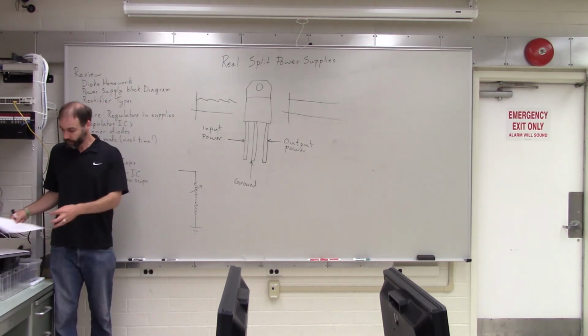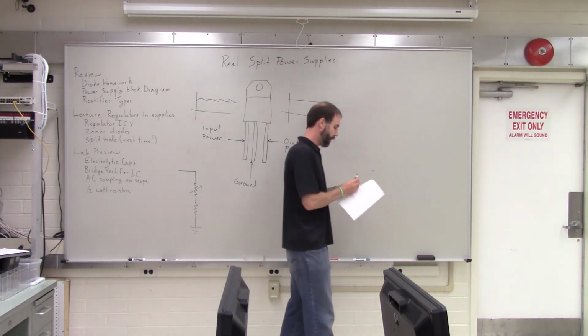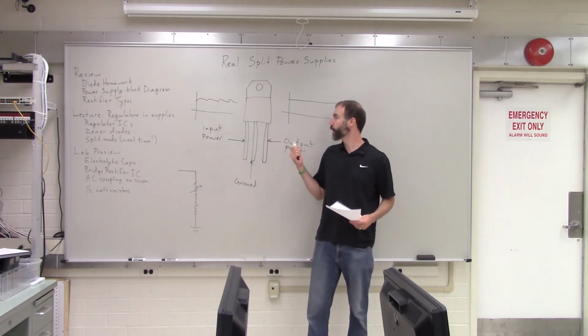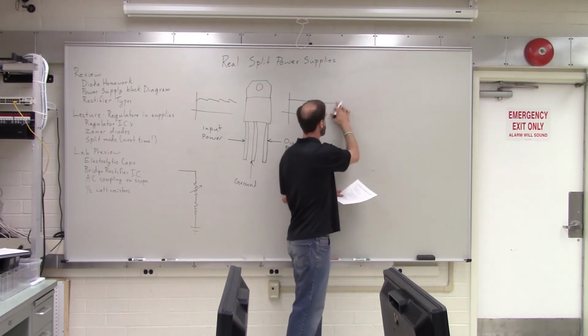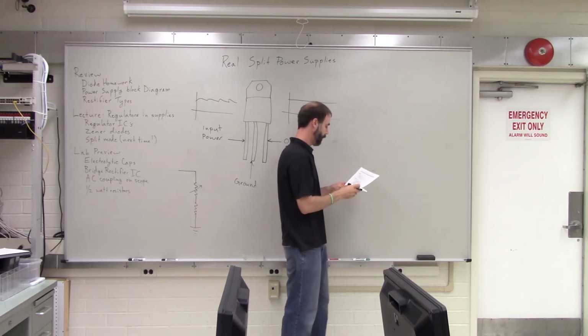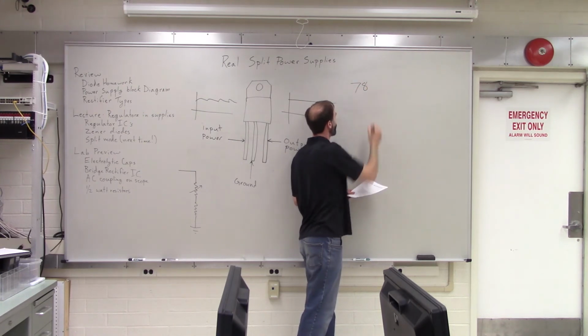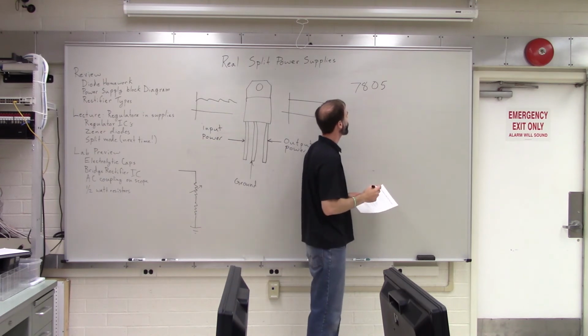So let's get back to that naming that I was talking about a little bit. I said that regulator names actually have some meaningful pattern that you can make sense out of. So they all start with 78. And then the last two numbers would be something like this.